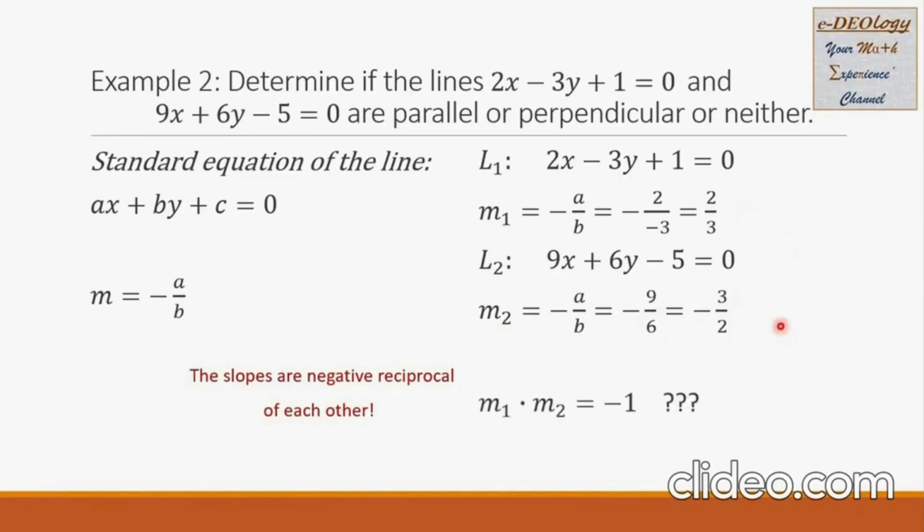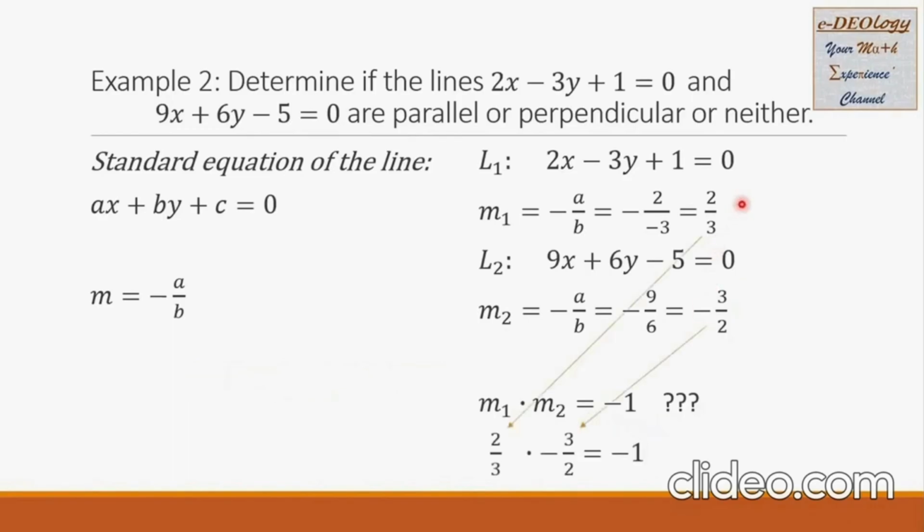More so, we will put them in the equation to prove further, and the equation is m sub 1 times m sub 2 must be equal to negative 1. Substituting the values, the m sub 1 is 2/3 times the m sub 2 is negative 3 over 2.